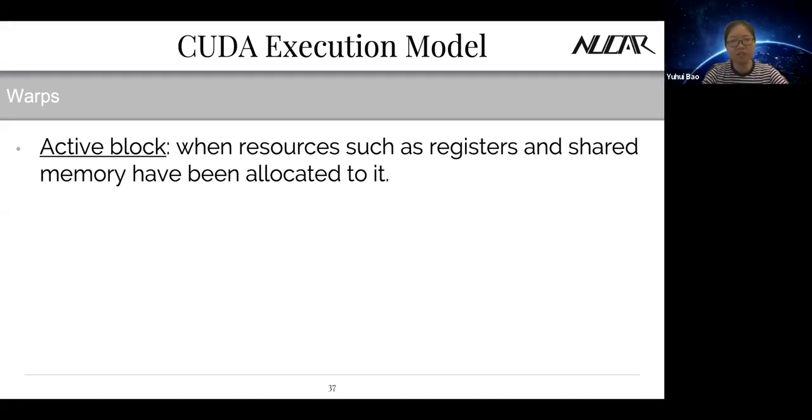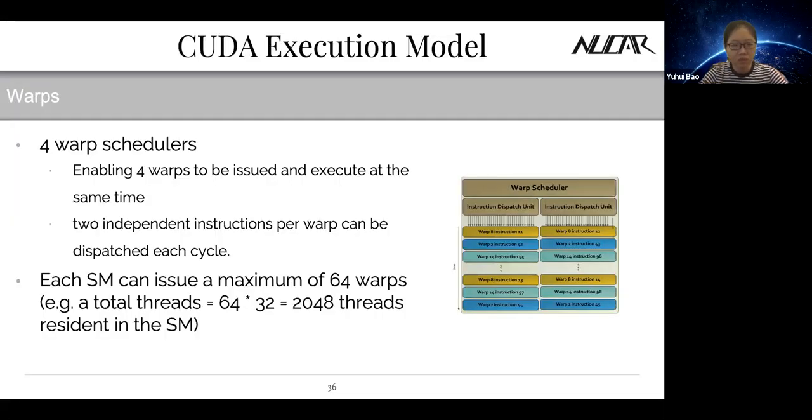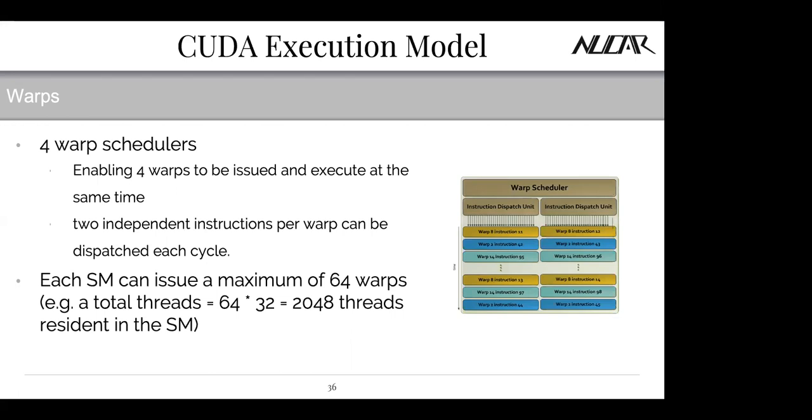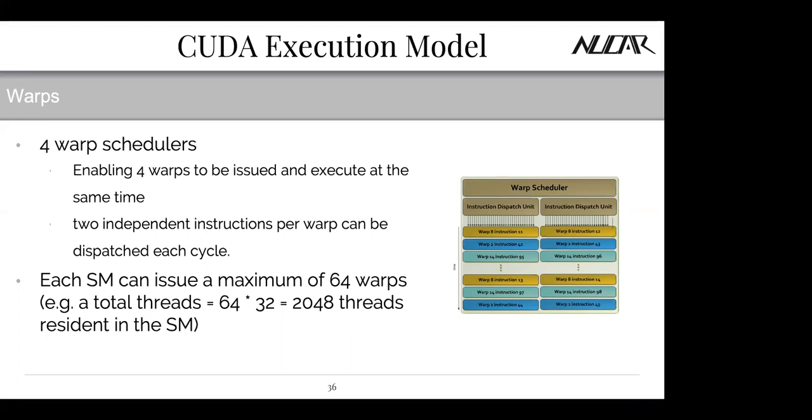It depends. So how many warps in your block? Let's say 6. So you can run at most 64 warps. Okay, 64 warps.